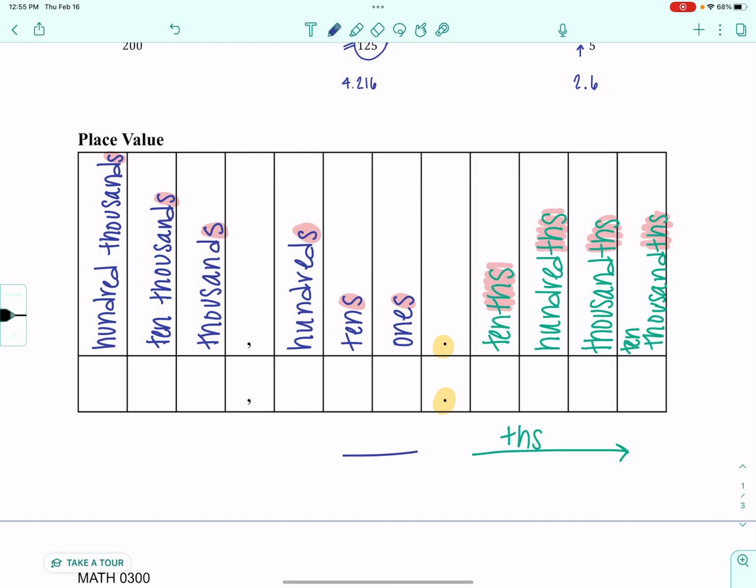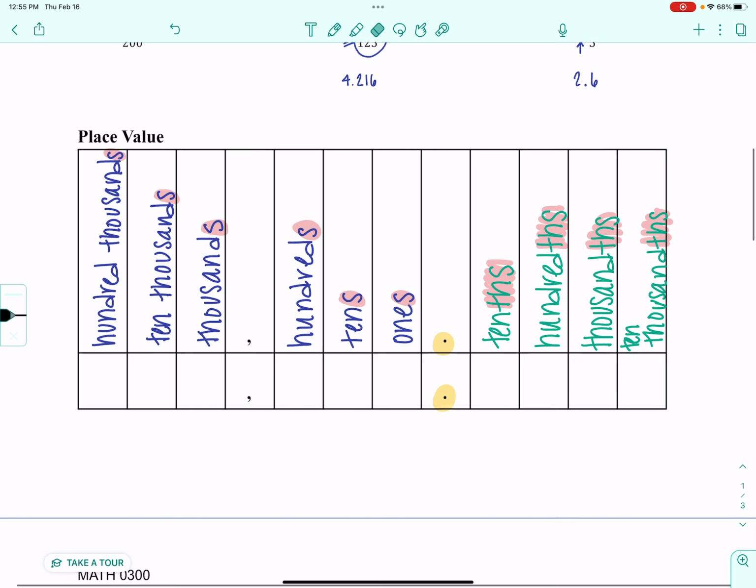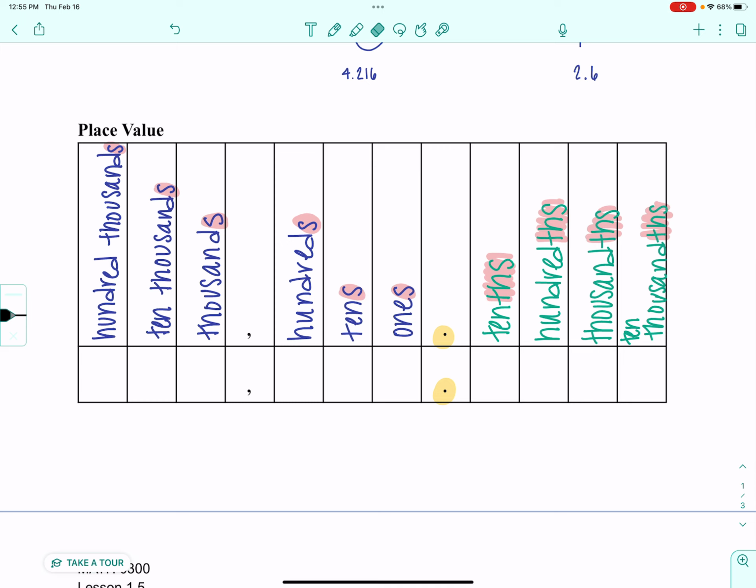Anything to the left of the decimal point will only end in an S. So you have to be very careful when you read. So to the right, we have tenths, hundredths, thousandths, and 10,000ths. On the left, we have ones, tens, hundreds, thousands, 10,000s, and 100,000s.